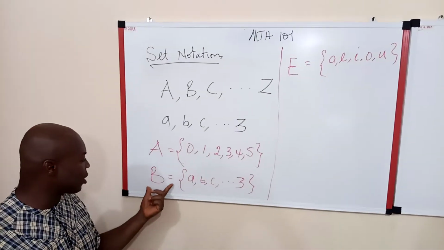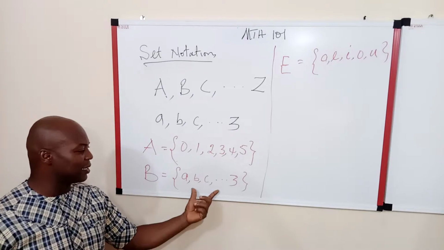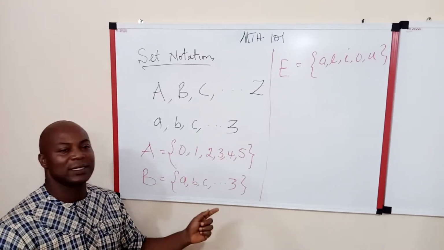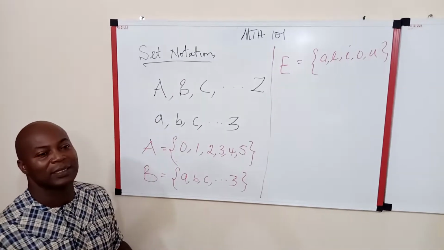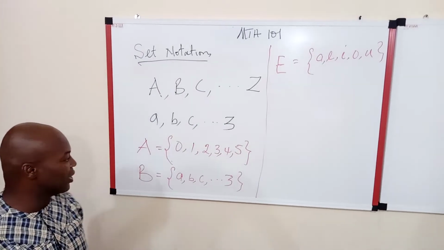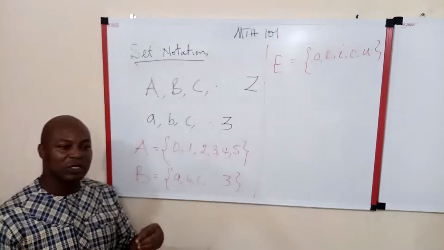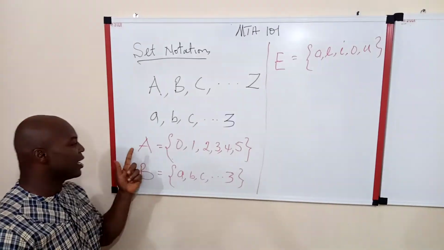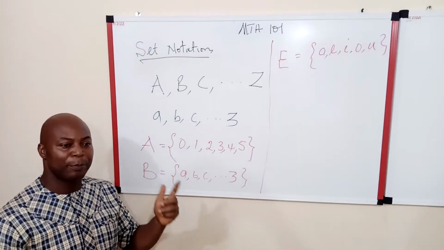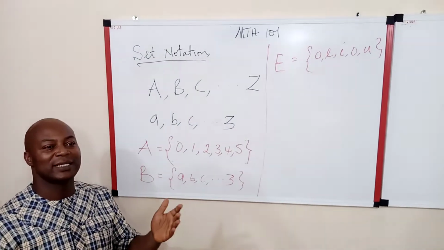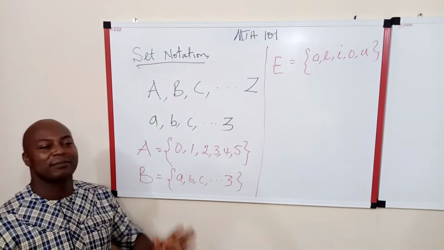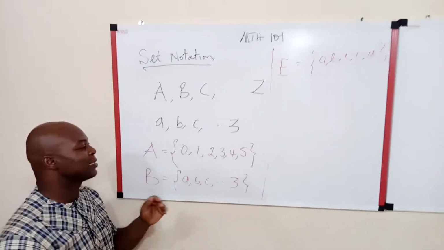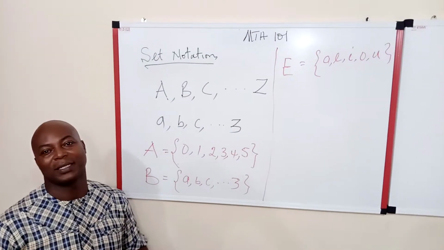In like manner, for that of B, its elements are also separated with commas and enclosed in a bracket. And the same thing for that of E. So for a set to be properly stated, its elements must be separated with commas and enclosed in a curly bracket.